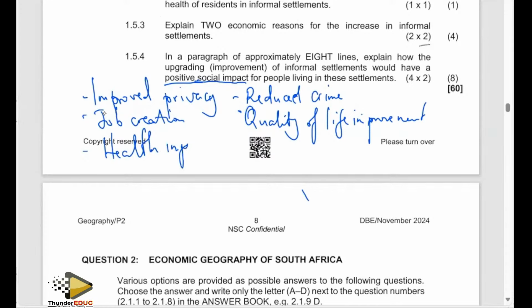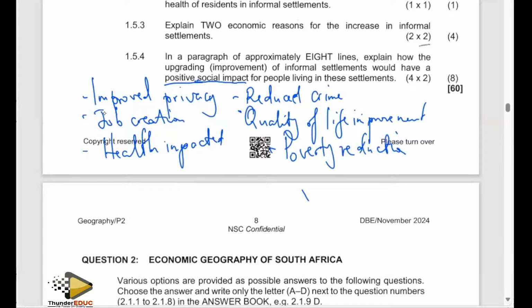Health is impacted positively, given that the structures are now proper and have been upgraded, meaning there's now decent sanitation provision and decent water provision. People's health, or the society's health, is going to improve because of improved sanitary situations. And also we can talk of poverty reduction for the society.